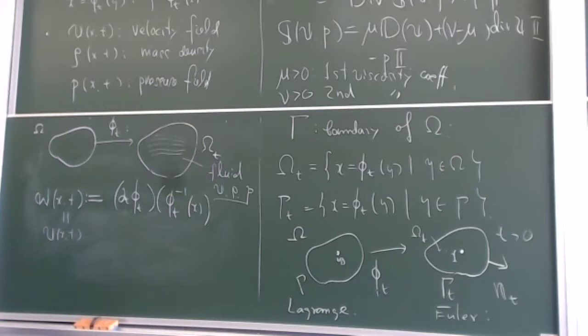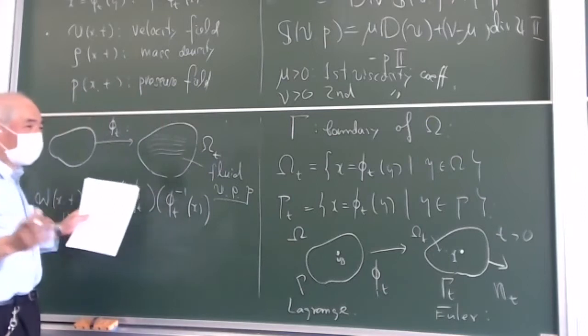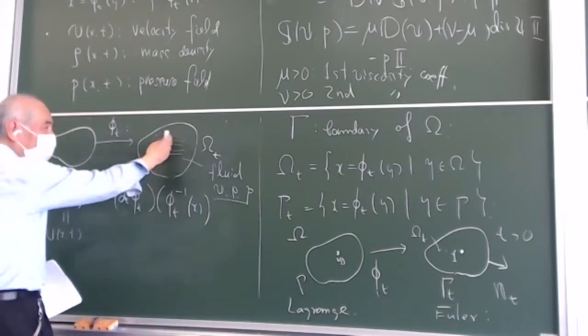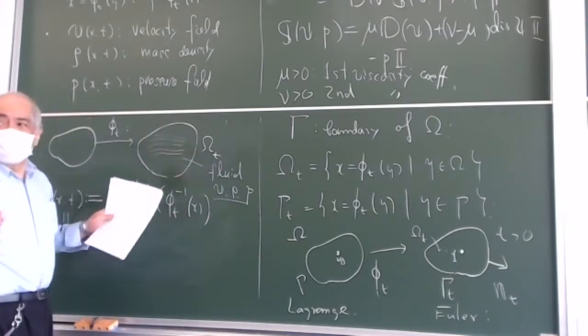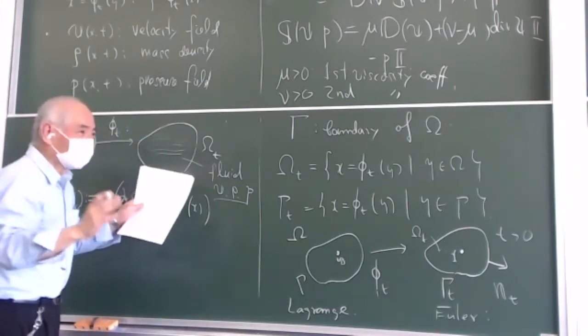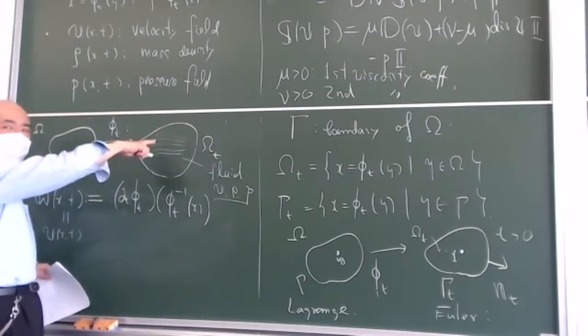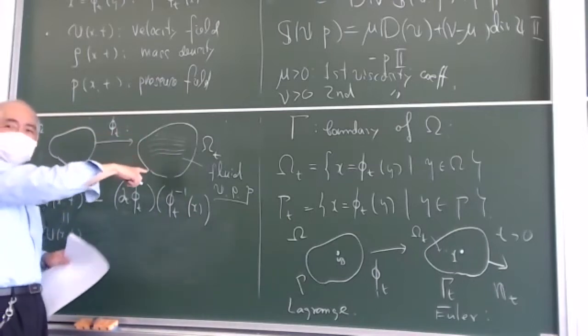Because it is not so easy to think about, but omega is moving, and in the omega also fluid is there. And then it is different. Finally, viscosity gives the same speed, but from a mathematical point of view, it's different.